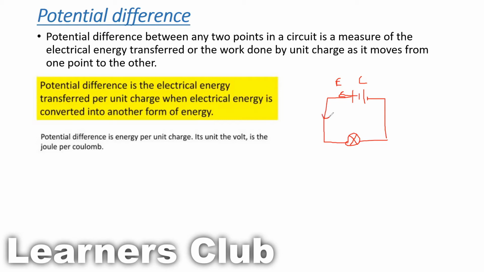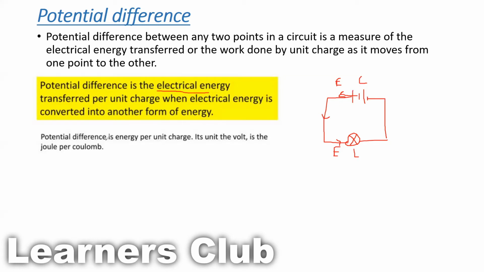Now the charge is carrying electrical energy, and when it passes through the bulb in the circuit, this is going to give us light energy. So as you can see, the electrical energy of a unit charge has been transferred as light energy. So the energy required by a unit charge to transfer from electrical energy to another form of energy, in this case light energy, is known as potential difference.